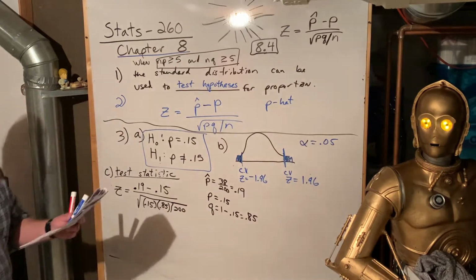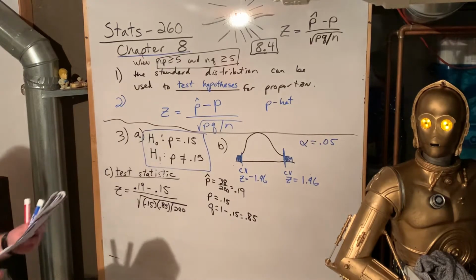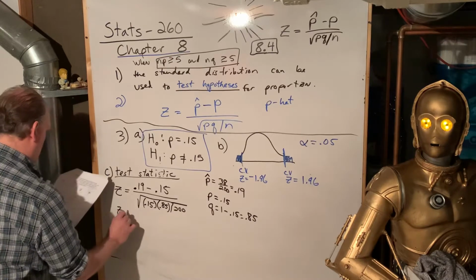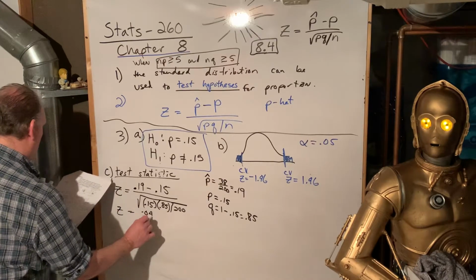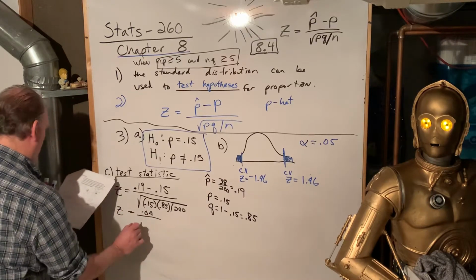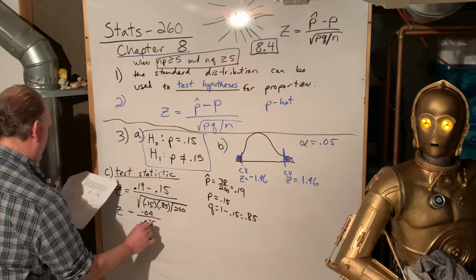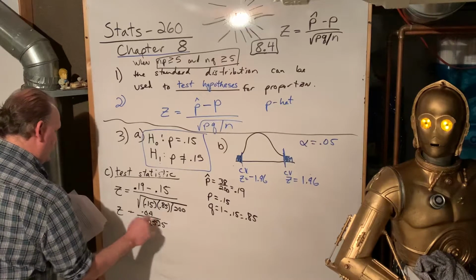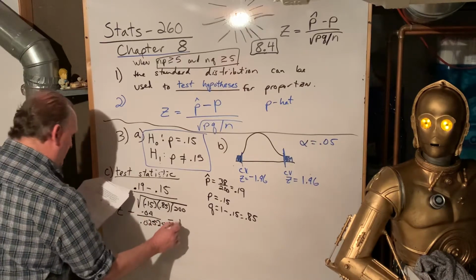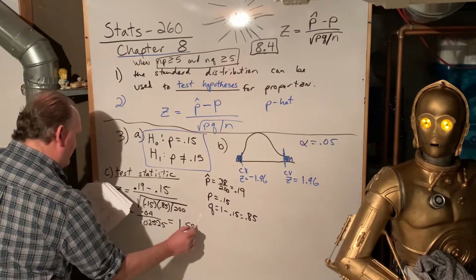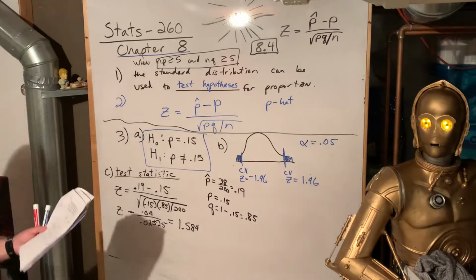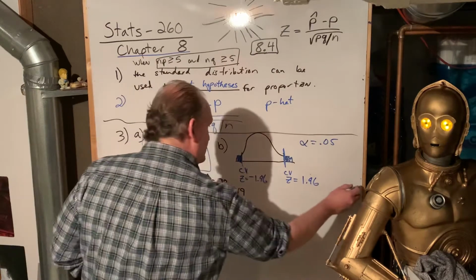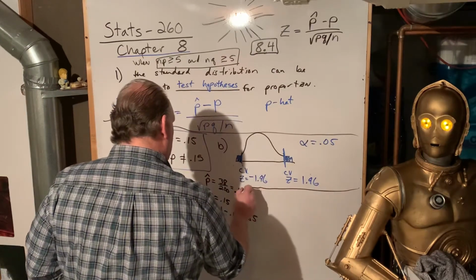So we end up with 0.04 on the top and 0.02525 on the bottom. When we divide that, we get 1.584. So is it enough to reject or fail to reject? Here, let's section these off.